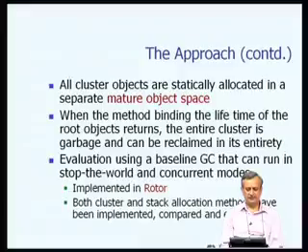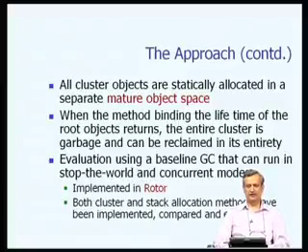So, evaluation of our approach was done using a baseline garbage collector that can run in the stop the world and concurrent modes. So, what is a stop the world GC? The stop the world GC does not have a thread running which runs the garbage collector. There is only one program, that is the main program.